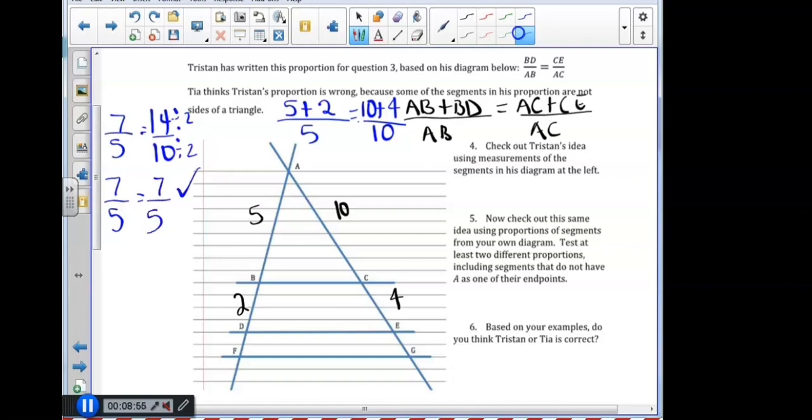So what does this tell me? This tells me, first of all, I knew that these triangles were similar because they both shared angle A, and they both had a congruent angle that was corresponding. So therefore, because I knew the triangles were similar, I knew their sides had to be proportional. So I can write a side length, or I can solve using a proportion.